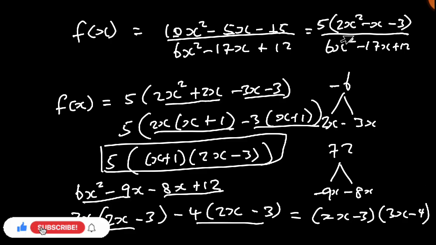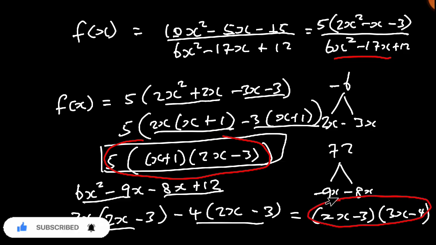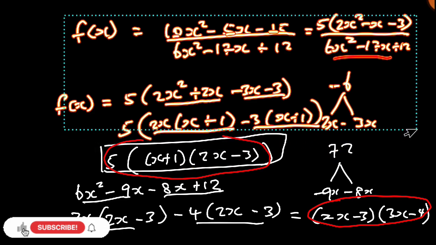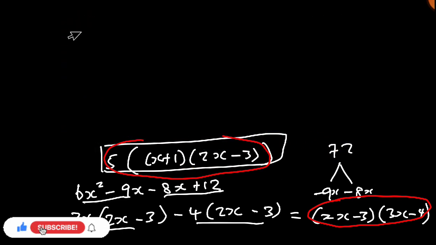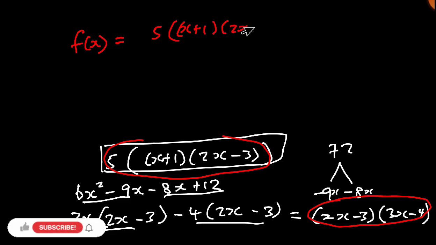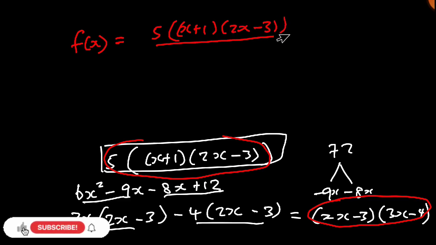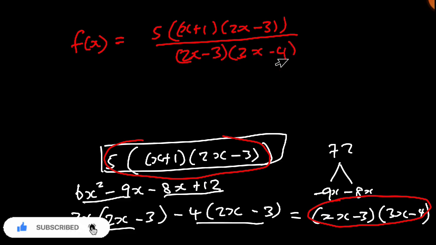So we're going to replace this numerator with this, and then replace the denominator with this. So f of x is equal to 5 into x plus 1, then 2x minus 3, divided by 2x minus 3 multiplied by 3x minus 4.